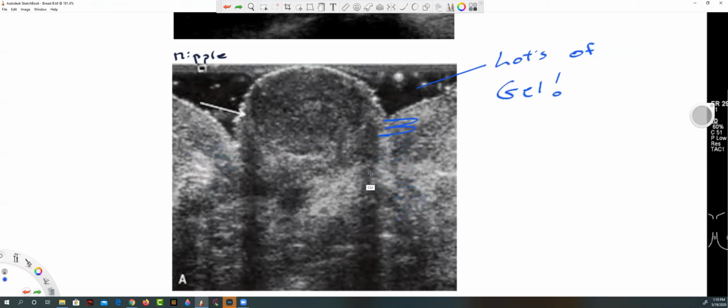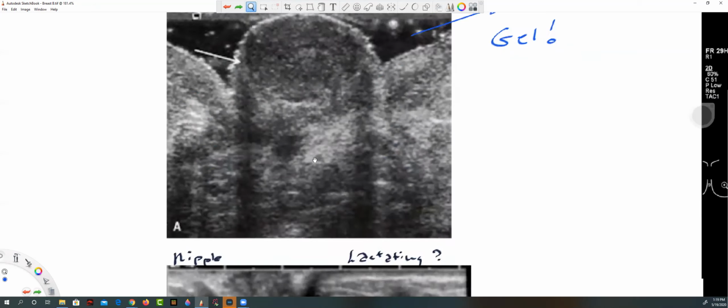So the gel is really important here. We do have some edge shadowing, that's okay. But even with the edge shadowing, it's so important to look behind the nipple that, well, we'll talk real soon about how you roll the nipple. You go on either side of it, you look underneath it from different directions. Really important.